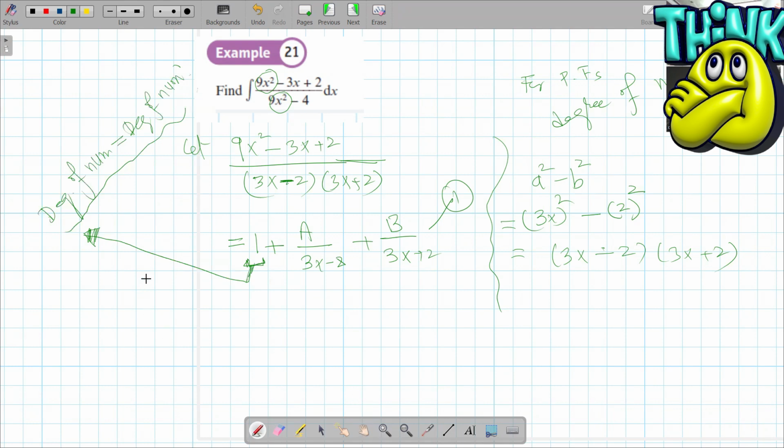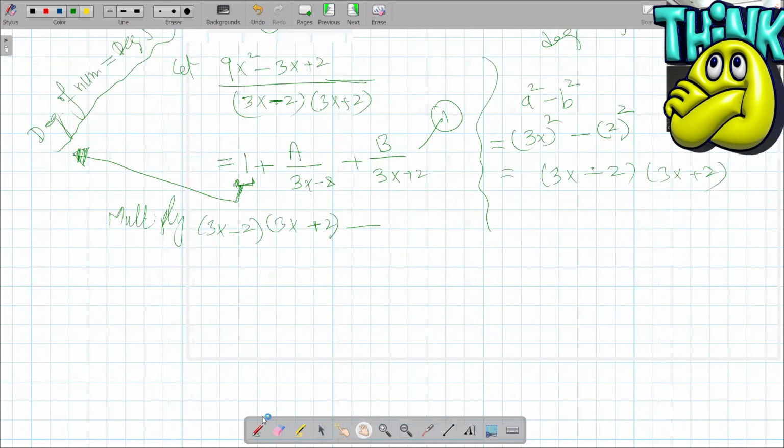So what is the next step? You find the second equation. How do you find the second equation? You multiply the denominator on both sides in order to make the equation simpler. If we multiply the left hand side, only the numerator will be left: 9x squared minus 3x plus 2.